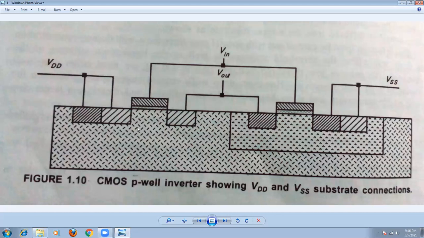Because of this junction, as we know, every semiconductor, whenever a junction is formed, a diode will exist. Similarly, because of the doping concentration of the N-well and P-well in terms of the substrate and the P substrate, the resistance of the transistor also changes depending upon the doping concentration. So there is a chance of existence of resistance.